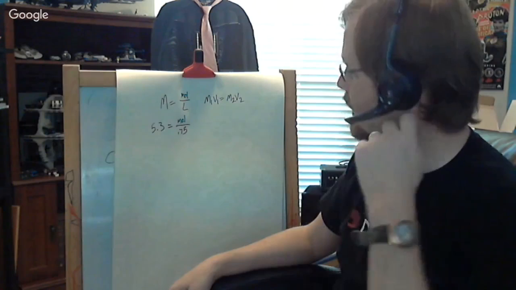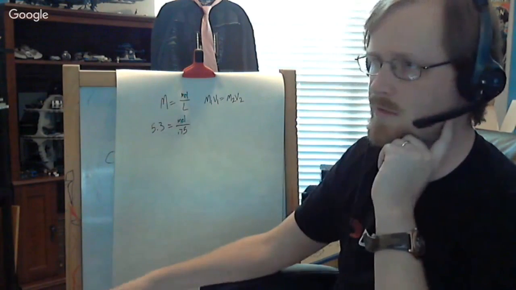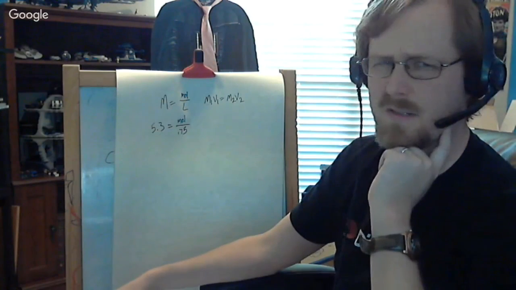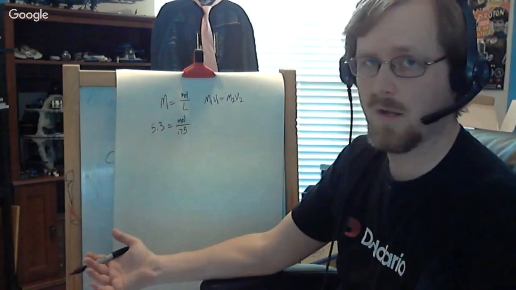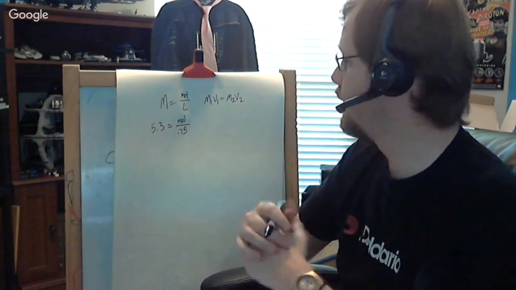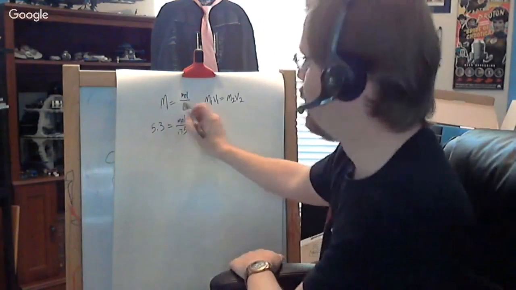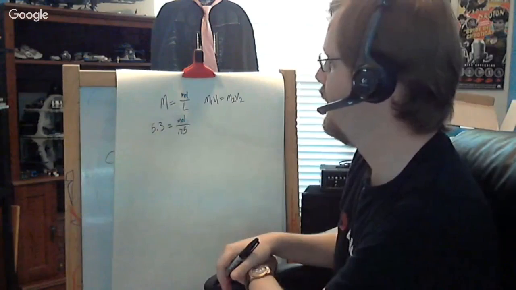Okay, so now that I think about it, probably the better way to talk about this equation is not to do so many specific examples, but really just to remind you of how to manipulate the equation algebraically so that you can do whatever you need to do, okay? So this is one version of it. If I'm trying to solve for moles, remember, we're going to multiply both sides by liters.